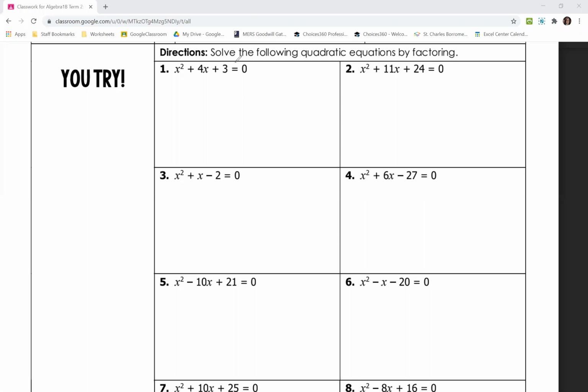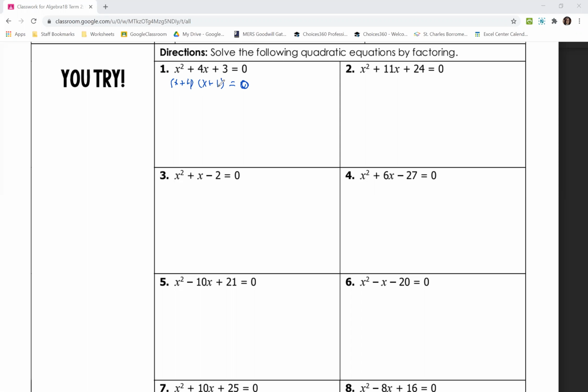Like I said, most of these are going to be trinomials, so you're going to see that they factor into two binomials, okay? Since my leading coefficient is 1, I get to use the shortcut method where I put an x on both sides. I need two numbers that multiply together to give me 3, add to give me 4. That's going to be a +4 and a +1. Okay, so I factored the left-hand side.